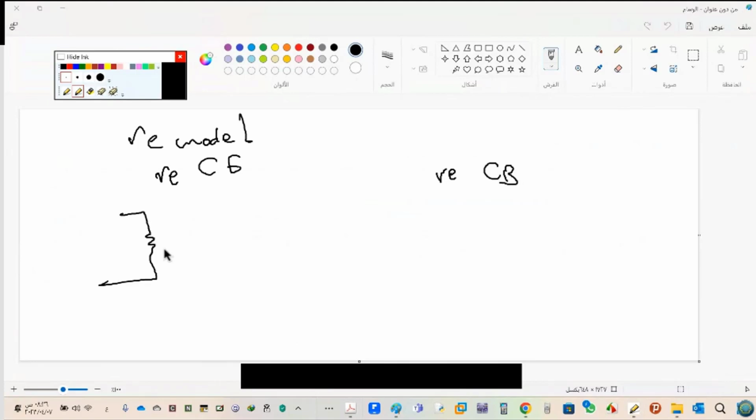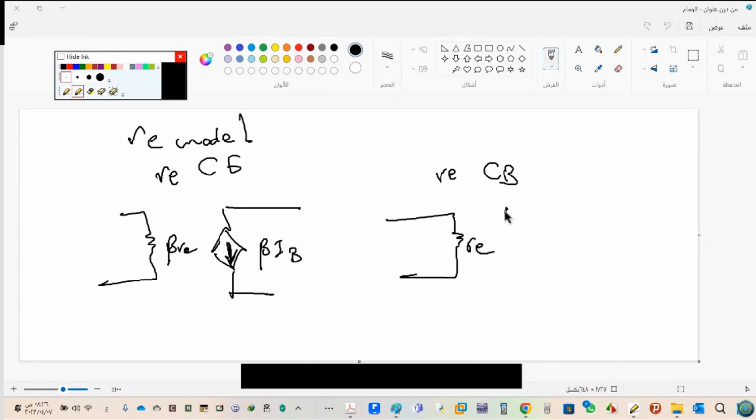Here we have beta re and beta IB. Here I have re, and I have up alpha I. So see here we have different arrows, one down, one up, for common base.